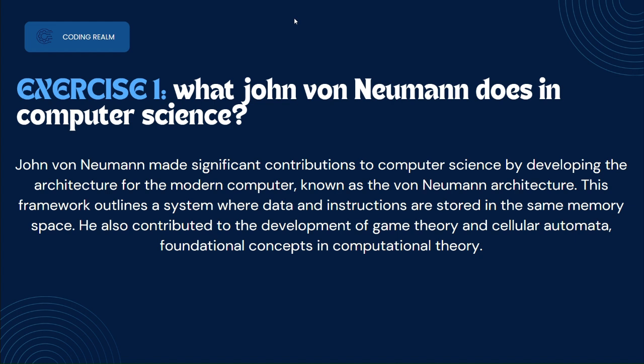He also contributed to the development of game theory and cellular automata, foundational concepts in computational theory. He made a memory that contains the code and the data at the same time. This is what John von Neumann did in computer science.